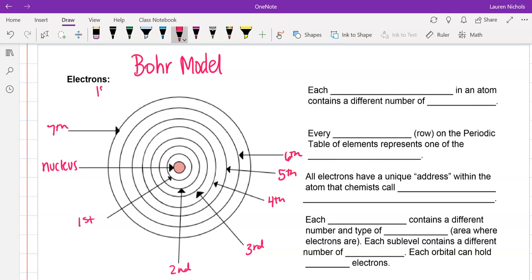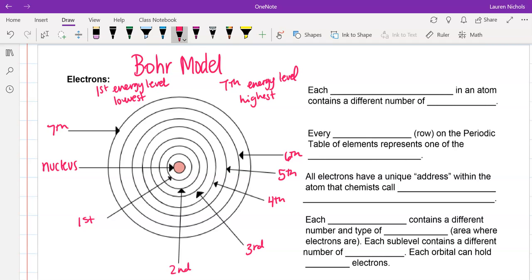The first energy level has the lowest amount of energy, whereas the 7th energy level has the highest amount of energy.